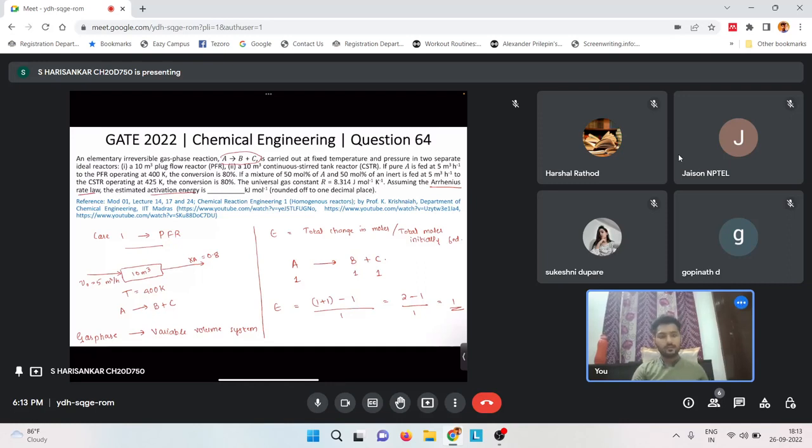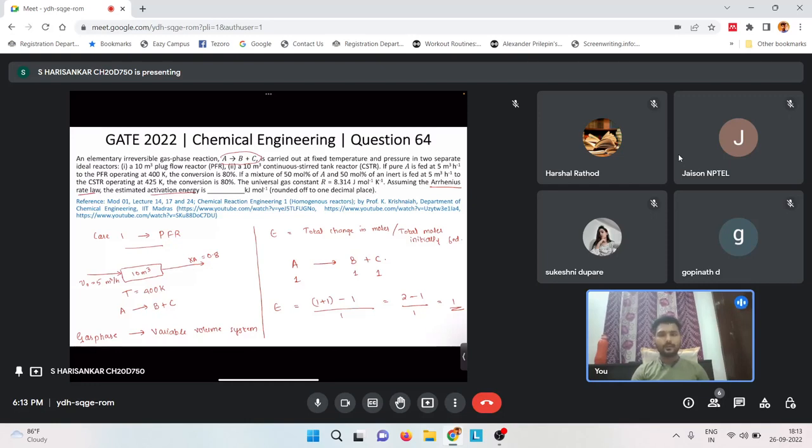Okay. So how we can proceed is by looking at this data that they have given. So there are two cases, and they have given us a lot of data as well to find the activation energy for two different temperatures. So you can apply this to other questions where they have asked you to apply Arrhenius or any other theories for temperature dependency, like the transition state theory or collision theory.